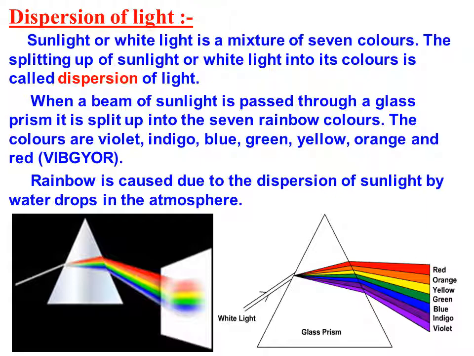That's why we can see rainbows at some places. When a beam of sunlight is passed through a glass prism, it is split into 7 rainbow colors. The colors are violet, indigo, blue, green, yellow, orange and red. In short form, the first letters, VIBGYOR.